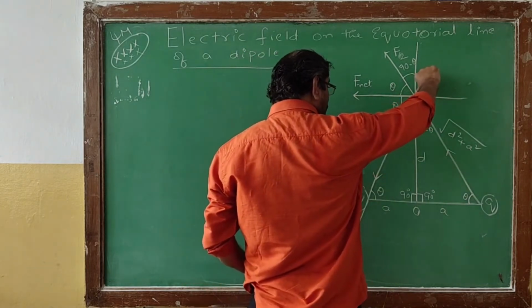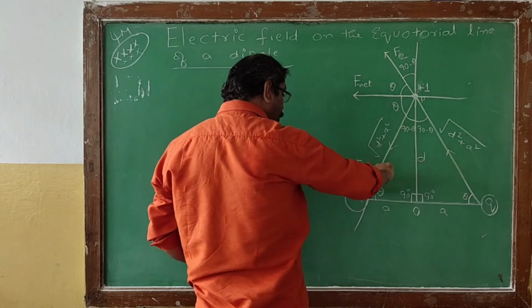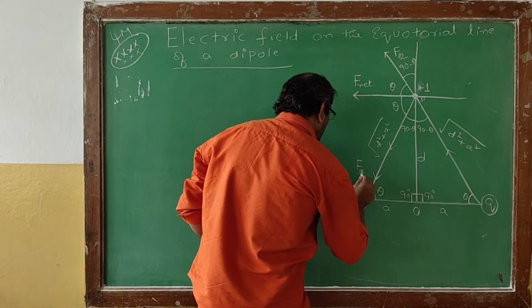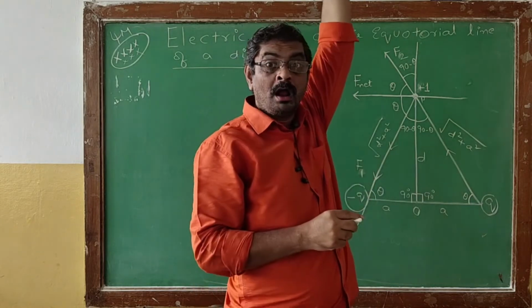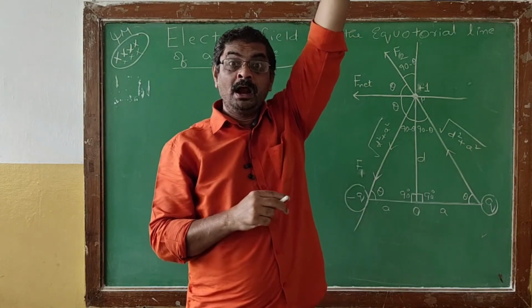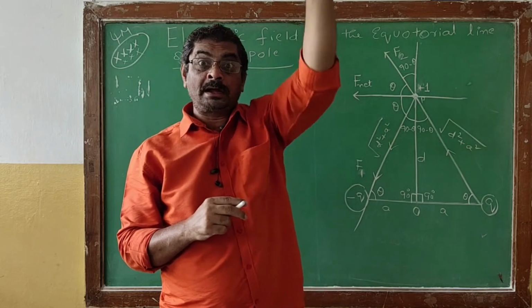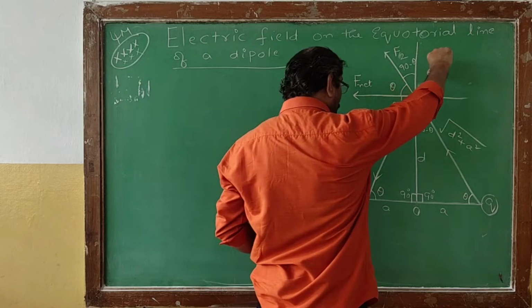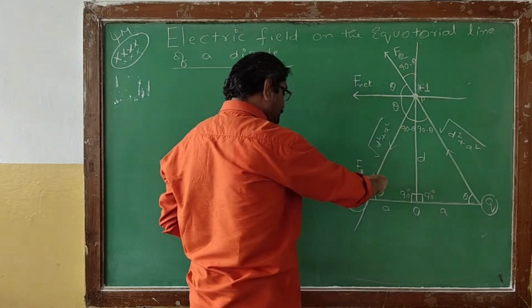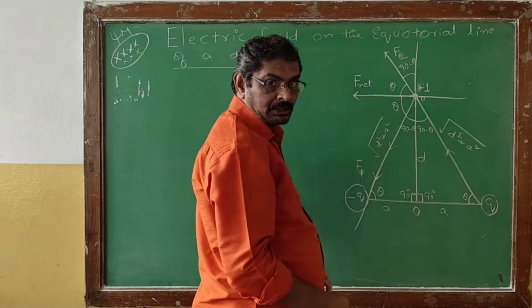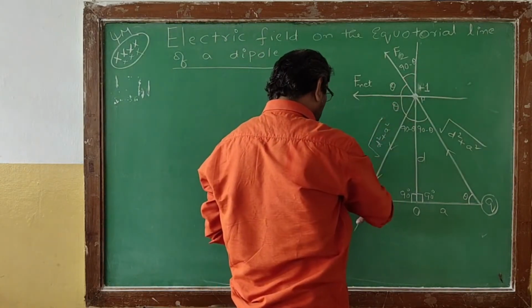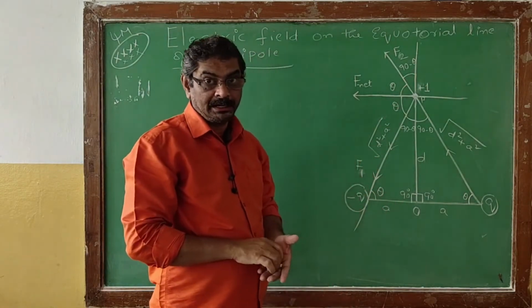Let us say the attractive force is denoted by the letter F1. F1 denotes the electrostatic force with which the unit positive charge is attracted towards the negative charge.